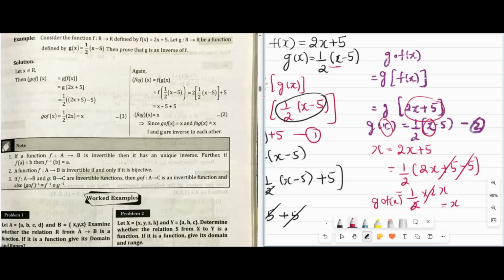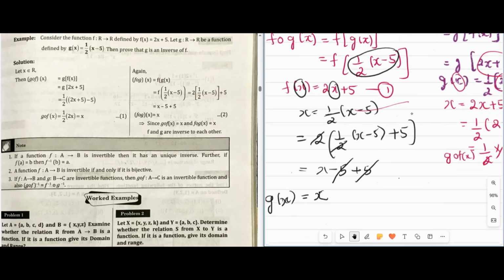So here f∘g is also x, g∘f is also x. For f∘g we'll call it 3, and for g∘f we'll call it 4. We can write from 3 and 4, we got what?